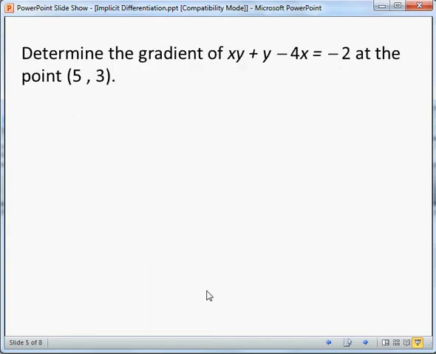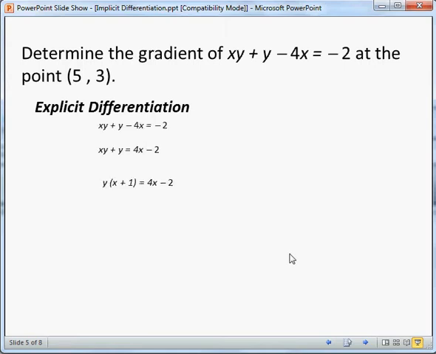Okay, here's a more complicated example, an applied example. Determine the gradient of this particular curve, this particular relation. Okay, two ways you can do it. The old way we've done it is called explicit differentiation, where you worked out what y is.